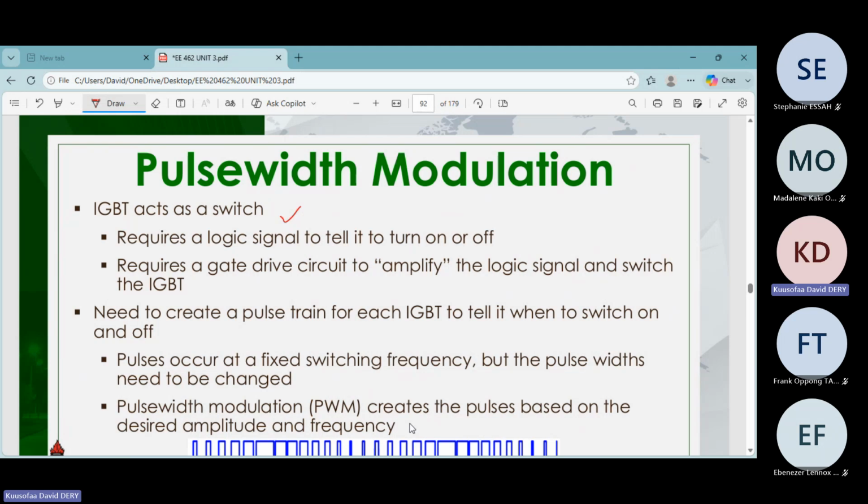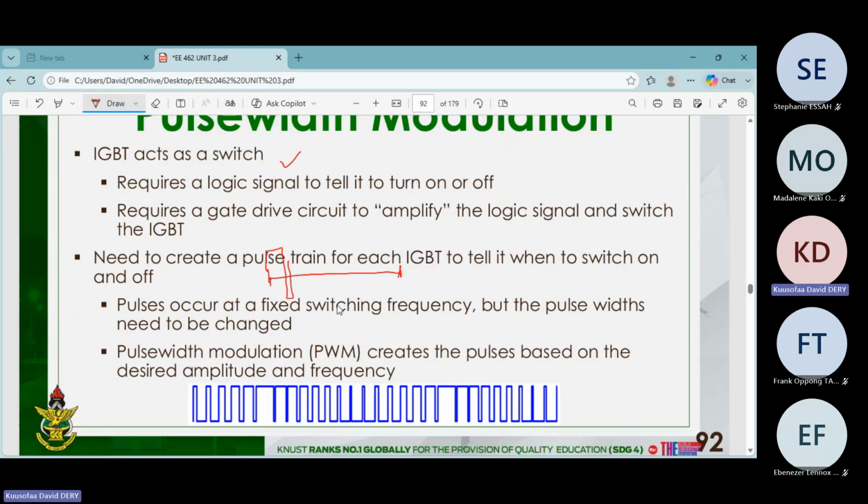The pulses are switching at a fixed frequency, but the pulse width needs to be changed. So the switching frequency is the same, but you change the pulse width. If this is the switching frequency, it's constant, but you just vary the width of the pulses.